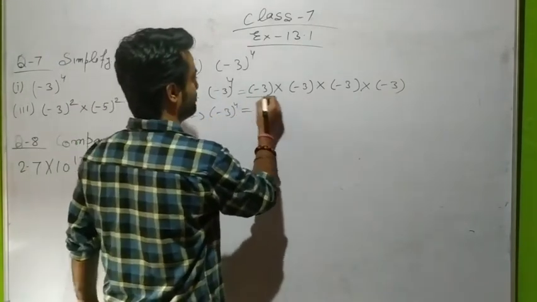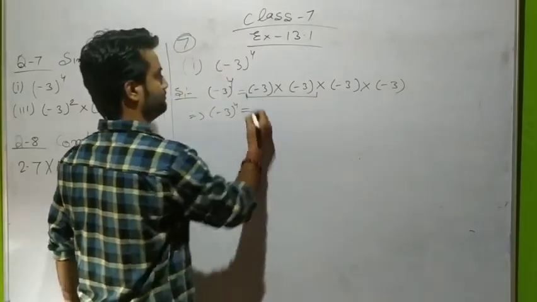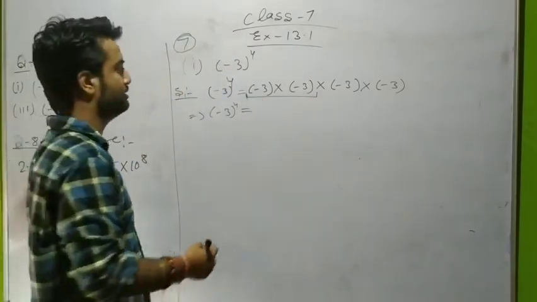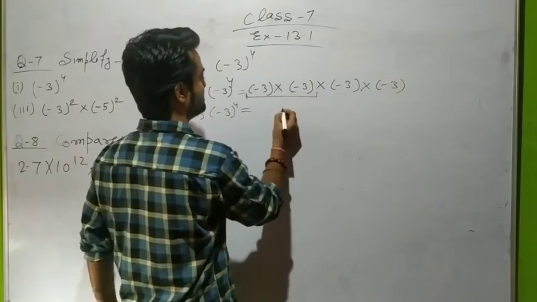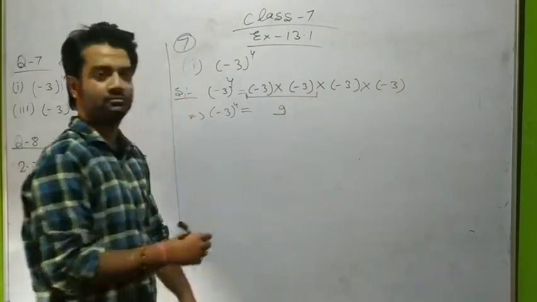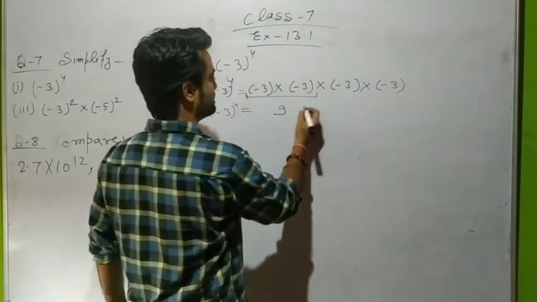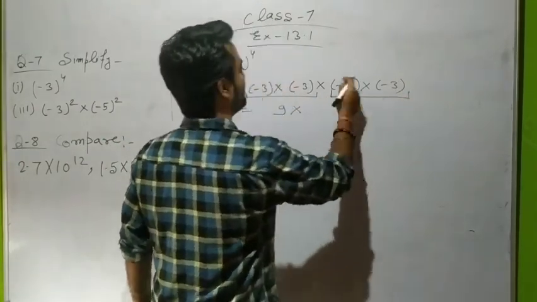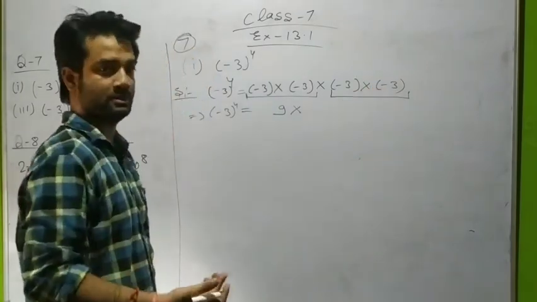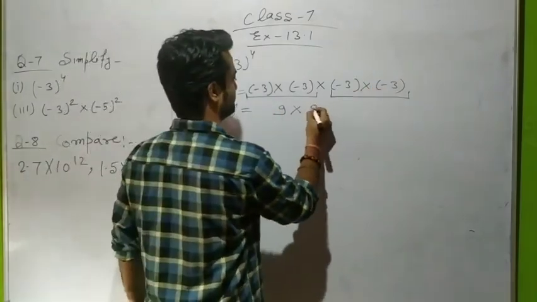Now, if you multiply these two minus 3, what will be the answer? Minus multiplied with minus will be plus, 3 3s are 9. Now I am writing this multiplication sign here. Again, minus multiplied to minus is plus, 3 3s are 9.